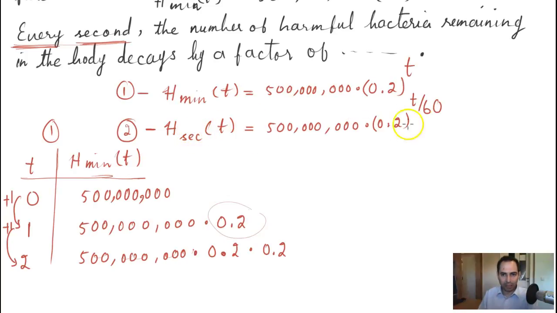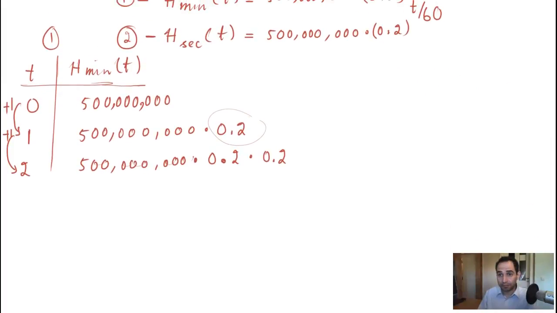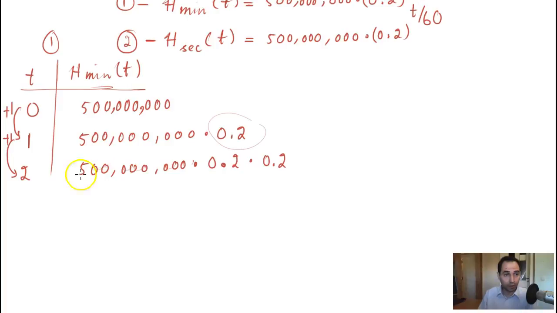But this is not the case here in this function, because, well, let's say in this function number 2, what happens is that, let's say I have another table. This is t, and this is h second of t, and when my input is 0, my output is 500 million.